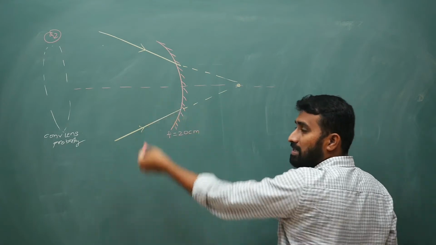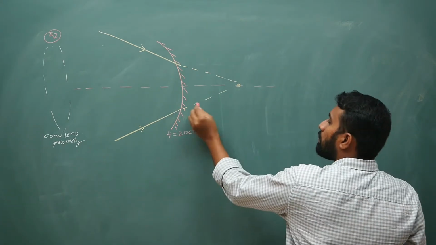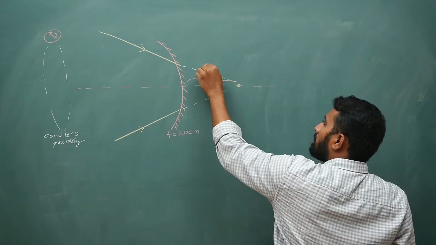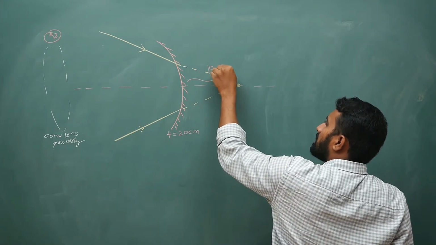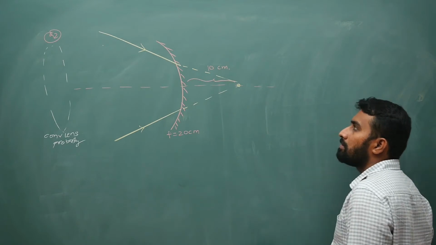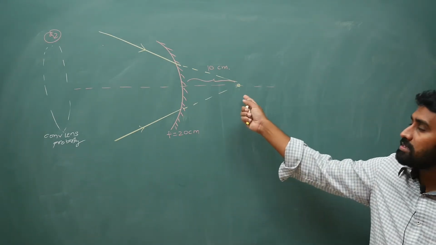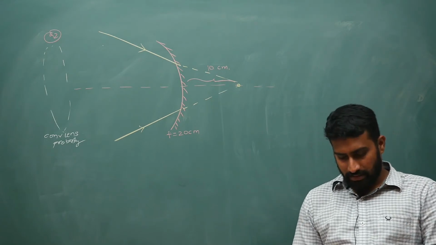If this mirror was not there, those two rays would meet at a distance of, say, 10 centimeter. If the mirror is not here, those two rays will meet at this 10 centimeter distance.